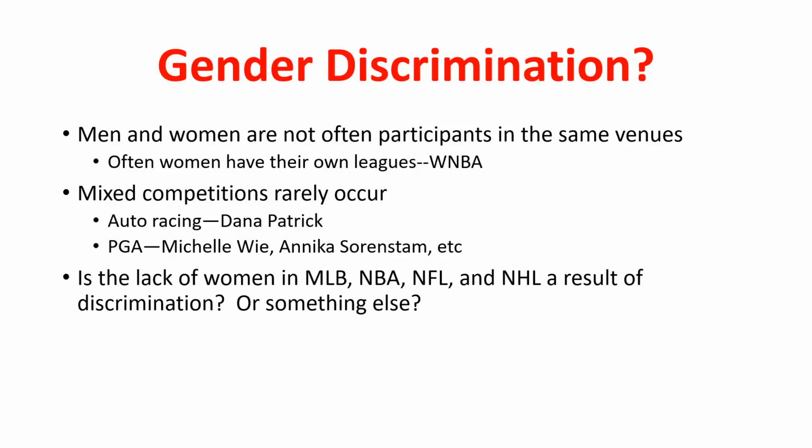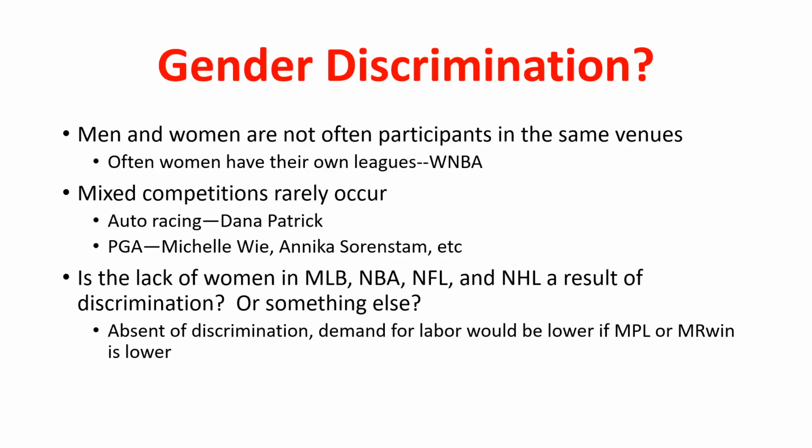Same thing should be true if we had a female who had a high enough marginal wins per labor, a high enough marginal product. At a certain point, it doesn't matter what the taste for discrimination is, there's going to be one team that won't care. And so it's likely not a result of discrimination, but potentially differences that we see in the marginal product of the players. And you can look at the physical differences, right? You're never going to have a female center who's 7'2". That'd be very, very unlikely. Just the percent chances are much lower.